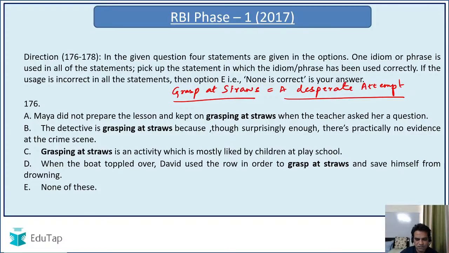So he's giving it a desperate attempt. Grasping at straws is an activity which is most liked by the children? No, I don't think so. That's correct. And when the boat toppled over, David used the row in order to grasp at straws. This is the literal meaning, to hold the grass, right? To save himself from drowning. So I think the correct option is option B, guys.